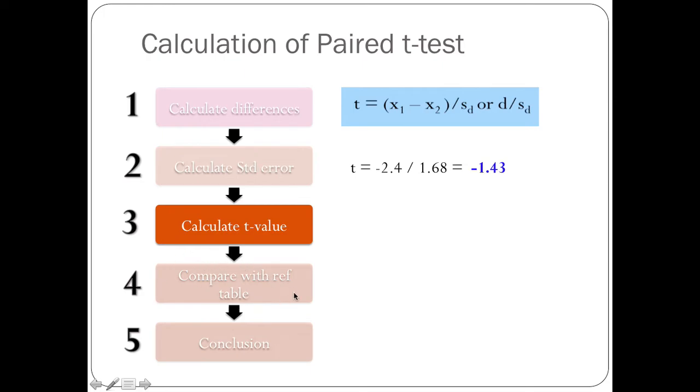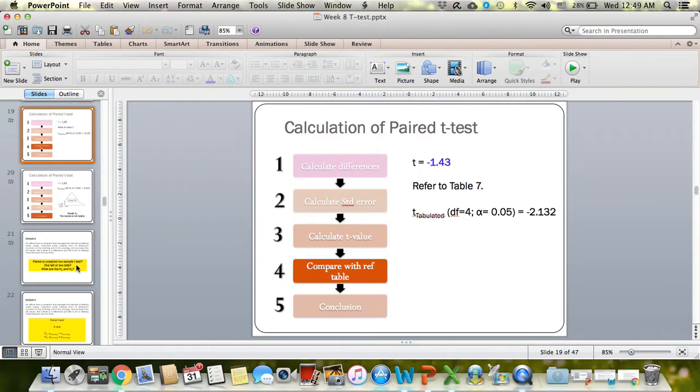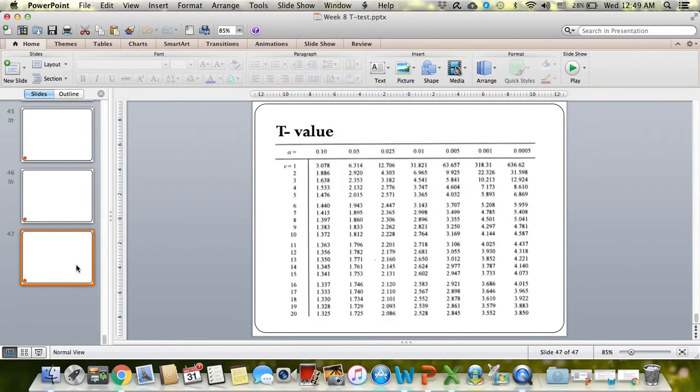Now we are going to move into the fourth step, which is to compare with the reference table 7. So remember, this is your t calculated, negative 1.43. So go to table 7. Okay, so this is table 7. Where are we going to check? 0.05.